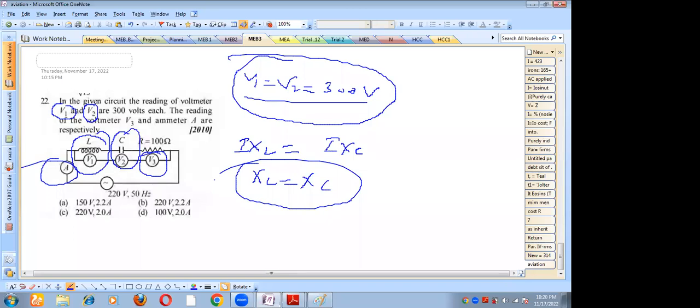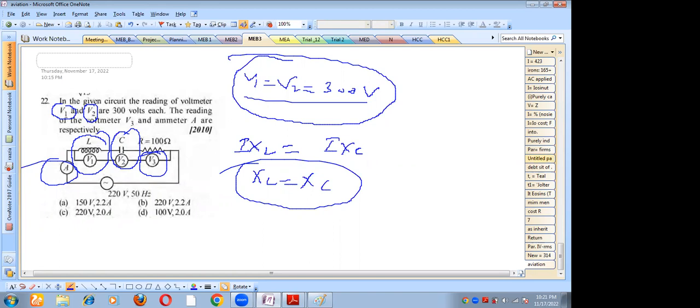It means it is a resonance circuit. Whenever you get equal voltage across the inductor and capacitor, you can blindly assume that the circuit is in resonance because XL will be equal to XC.